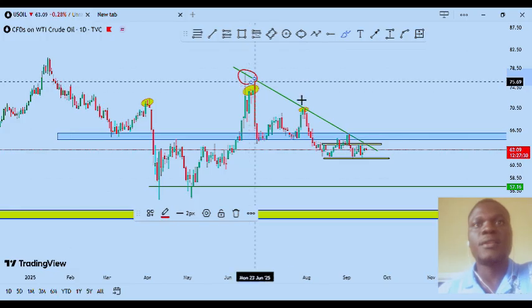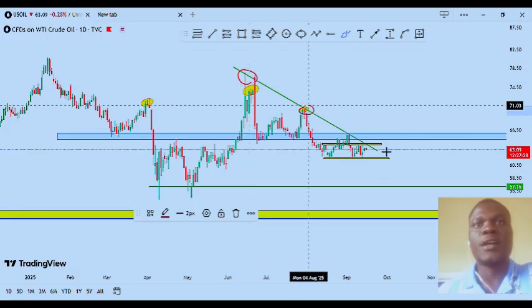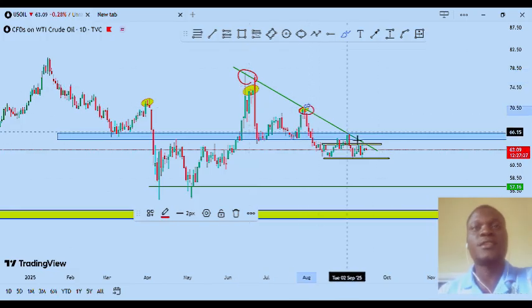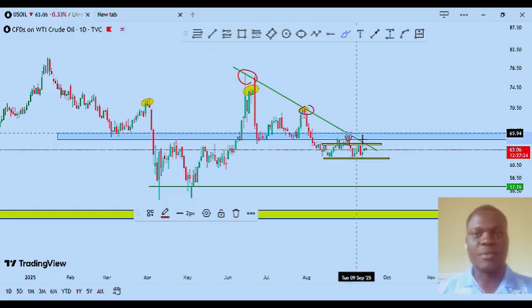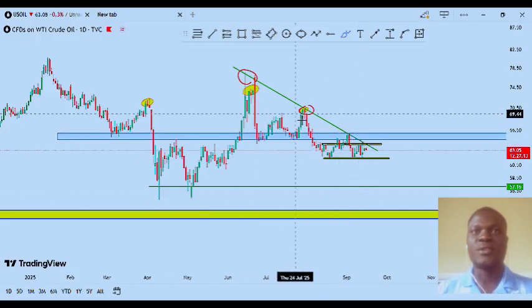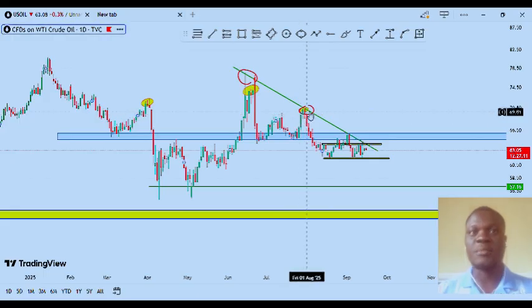Okay, second touch. So we have the third touch. According to the principle of a trend line, the third touch of a trend line always tends to send that market to the moon, right? So that's why I'm still holding on to my position.